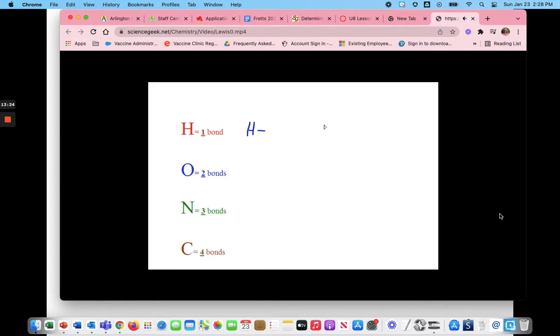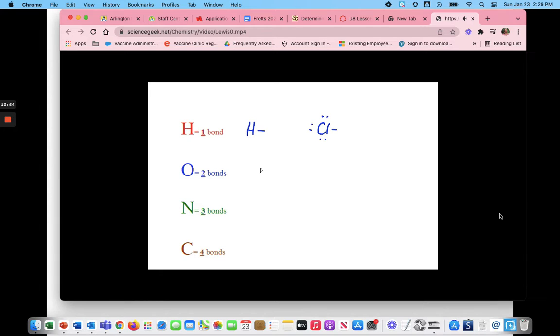The halogens, on the other hand, we'll take chlorine as an example. The honk rule says chlorine will form a single covalent bond. To get its octet, it's going to have 3 pairs of electrons that are not shared covalently. And that will be true for the other halogens as well, fluorine, bromine, iodine.